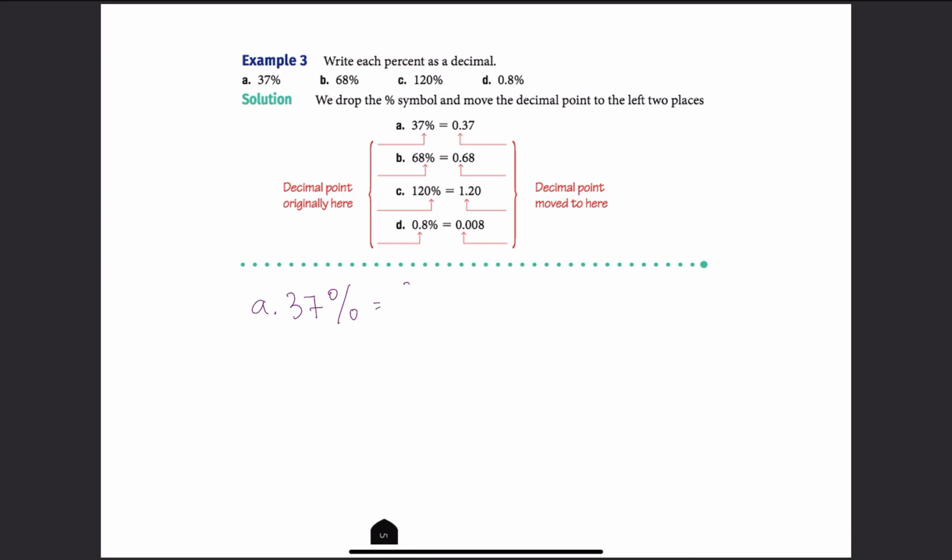But what would it be to be 37 over 100? Well, that is 37 hundredths. And so hopefully that relationship is still strong between decimals and fractions, and now we're including percents. So 37% means 37 out of 100, which means 37 hundredths.